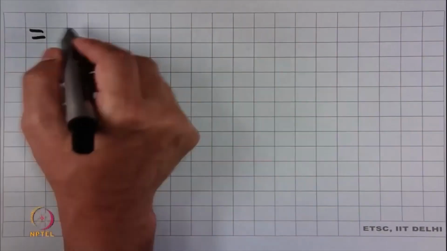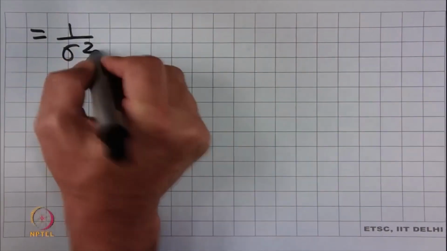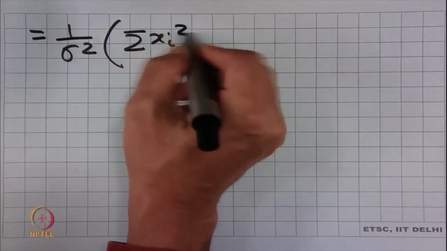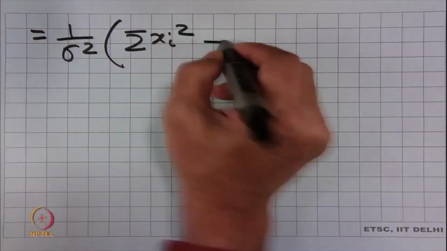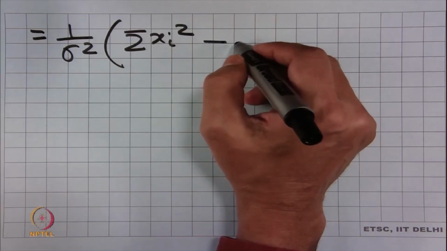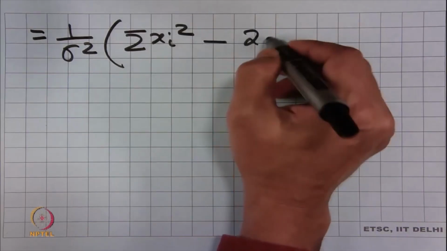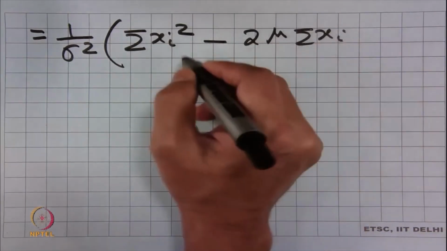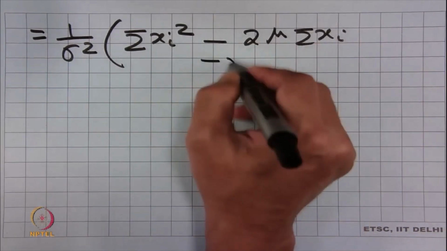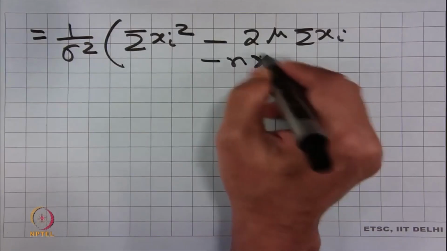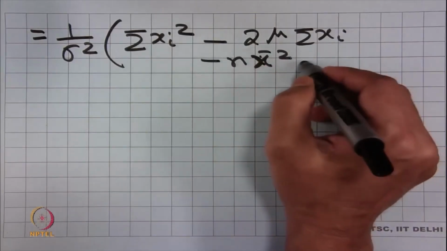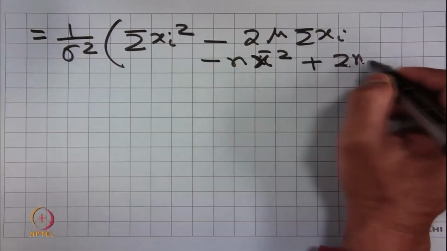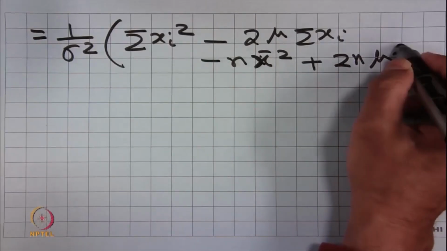is equal to 1 by sigma square into sigma xi square minus 2 mu sigma xi minus n x bar square plus 2 n mu x bar.